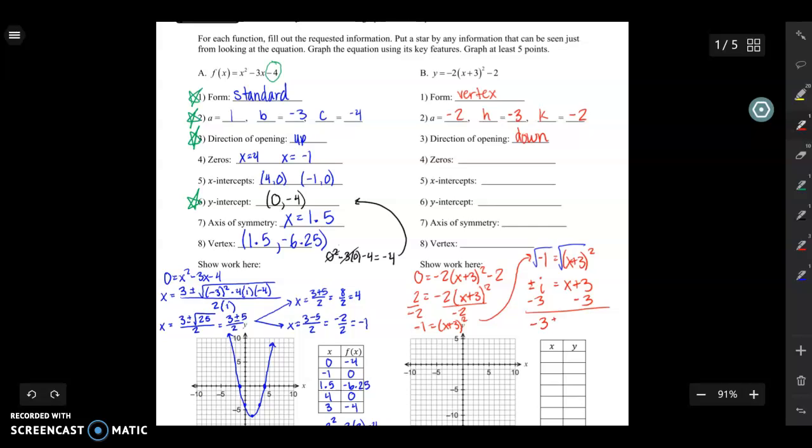So -3 plus or minus i is equal to x. Okay, so those are my two zeros. I have x equals -3 plus i, and x equals -3 minus i. So when it comes to x-intercepts, since both my zeros are imaginary, I'm not going to have any x-intercepts.